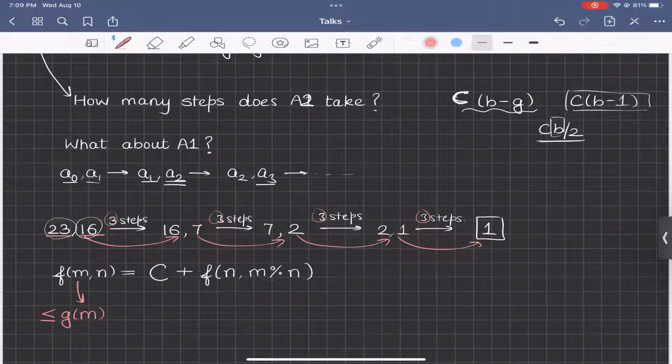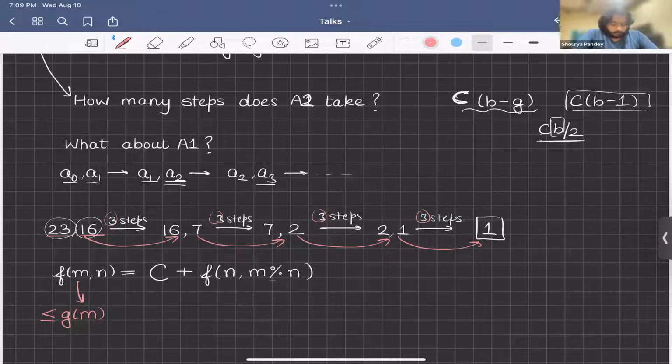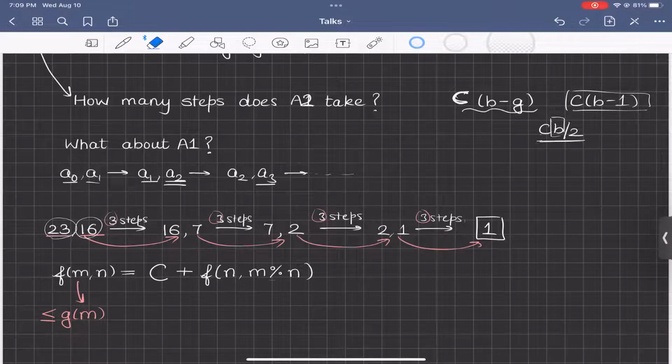Okay, so let's say m equals lambda n for some real lambda. So you get g of m equals roughly c plus g of n, because it only depends on the largest number.